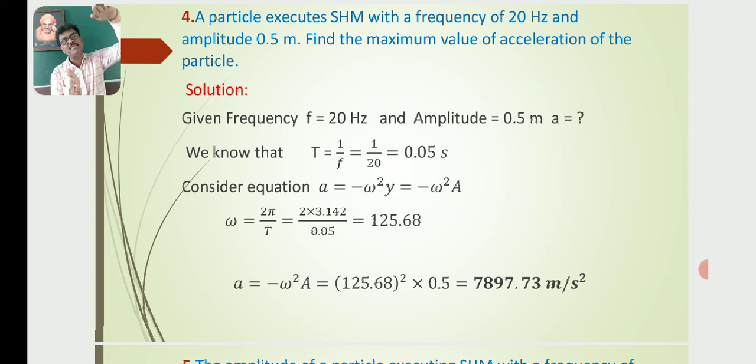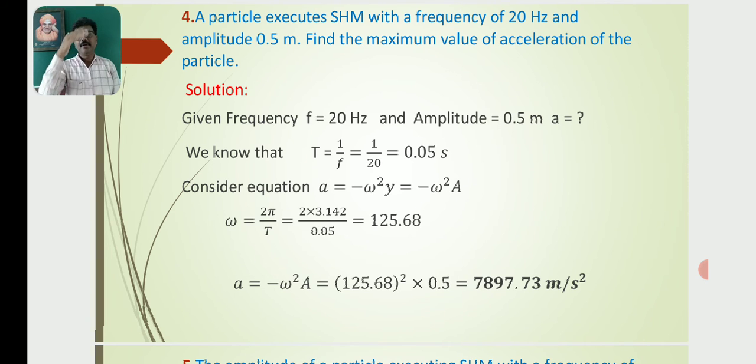As the body moves from extreme position to mean position, the acceleration gradually decreases. So a body executing simple harmonic motion possesses maximum acceleration at extreme position and minimum acceleration at mean position.